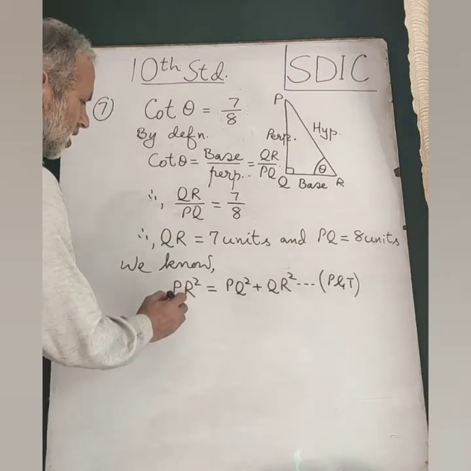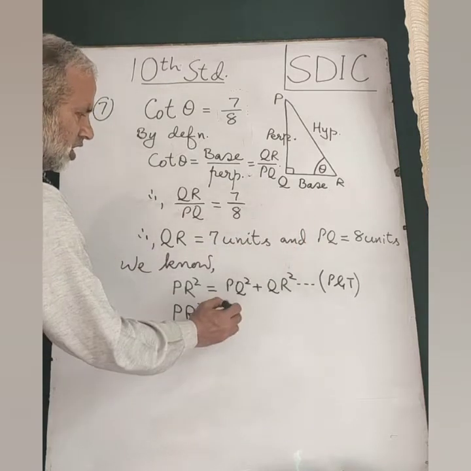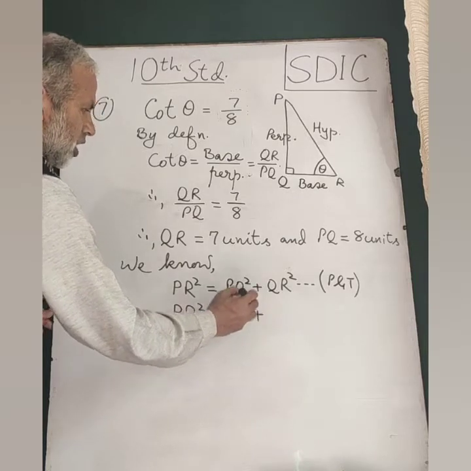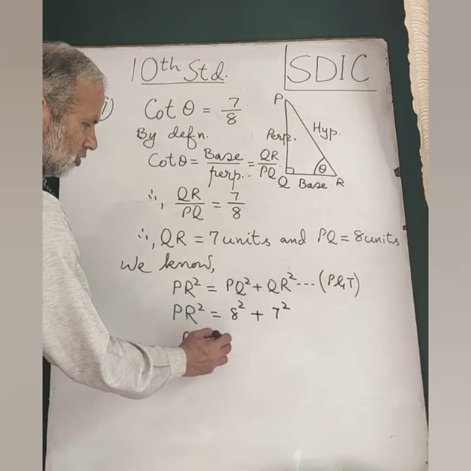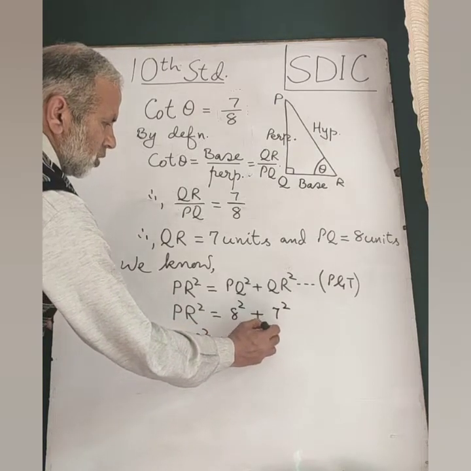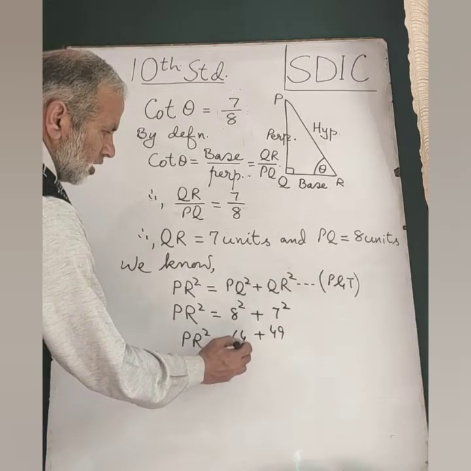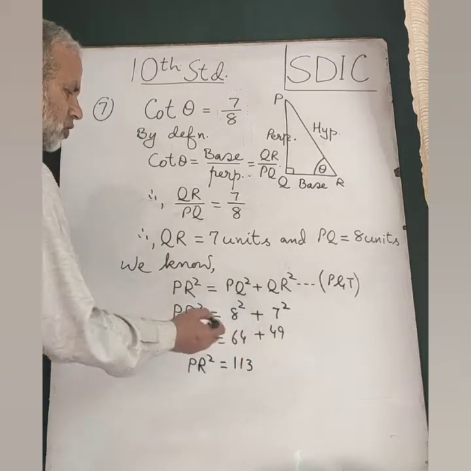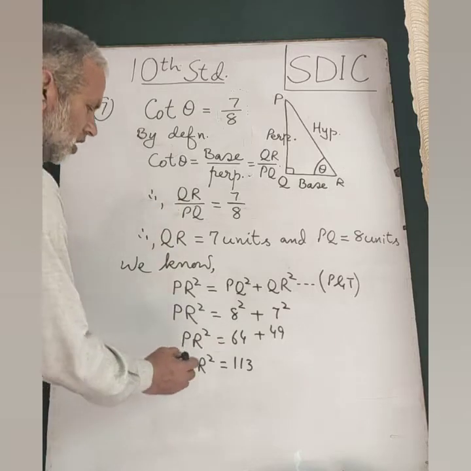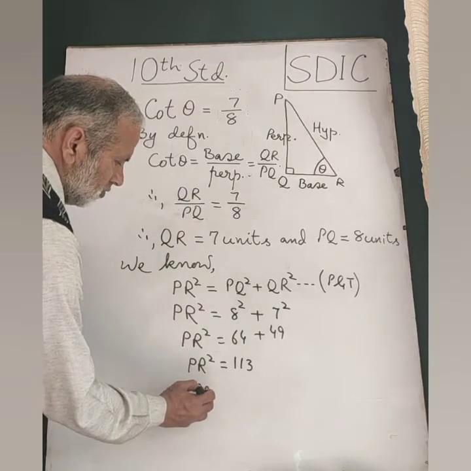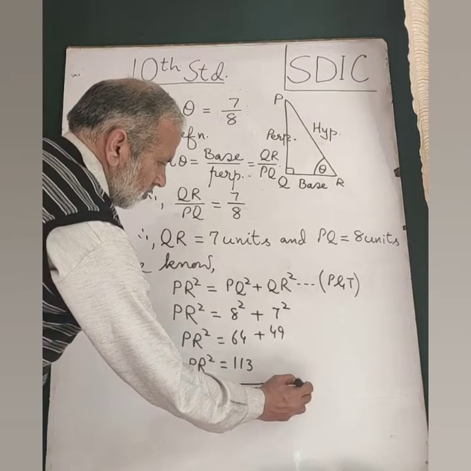PR we would like to find. PR square will remain as it is, equal to square of 8, plus square of 7. Simplifying, PR square will give us 64 plus 49. Add them. PR square will be equal to 113. 9 plus 4, 13. 1 carry, 6 plus 4 plus 1, 11. Therefore, PR will become, transposing the square, square root of 113 units.